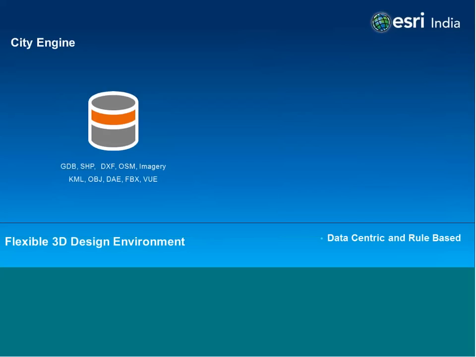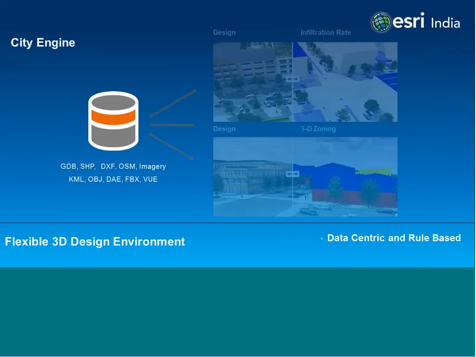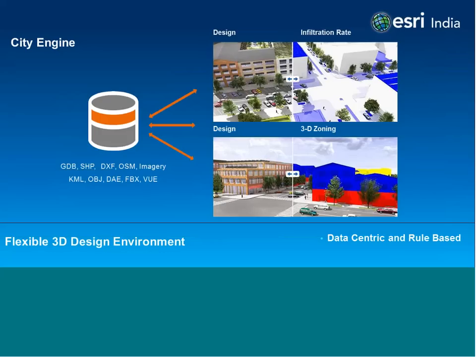Coming to the support of datasets, you can see that all the major available 3D data formats, like KMZ, OBJ files, DAE files, FBX files, or other files, can be consumed in your City Engine. You can start designing the way you want to design your particular city.